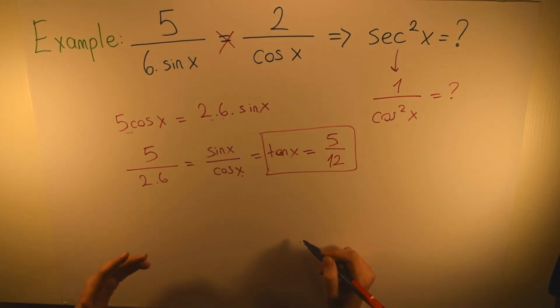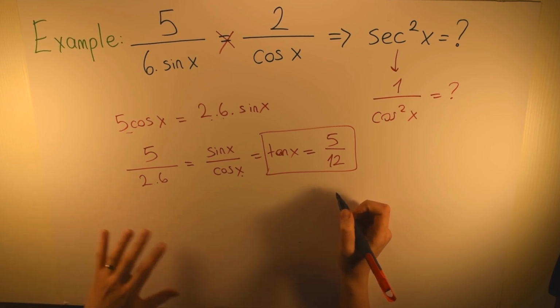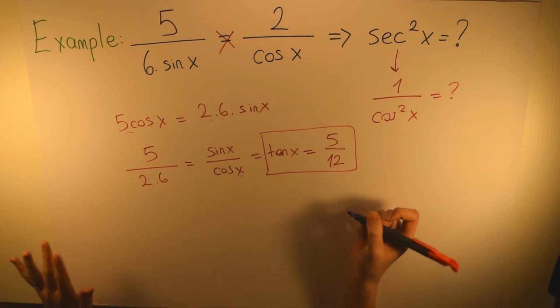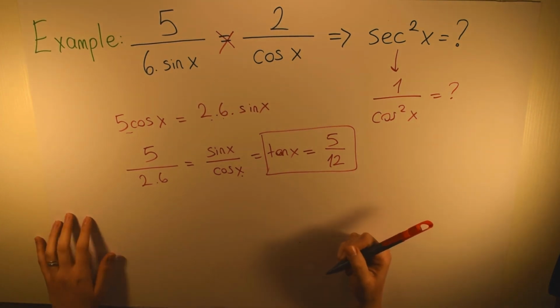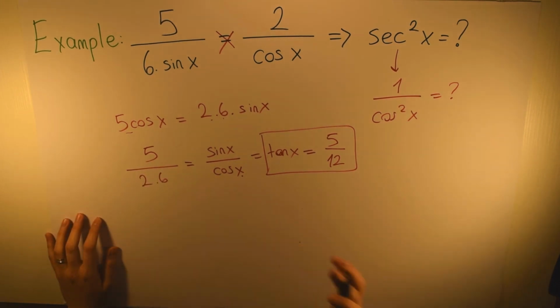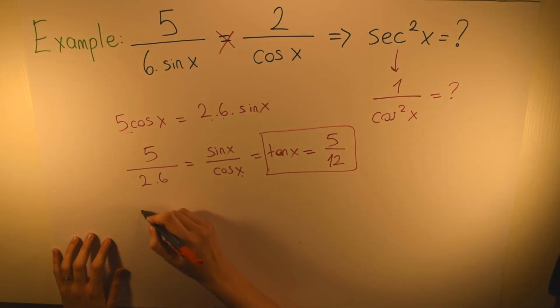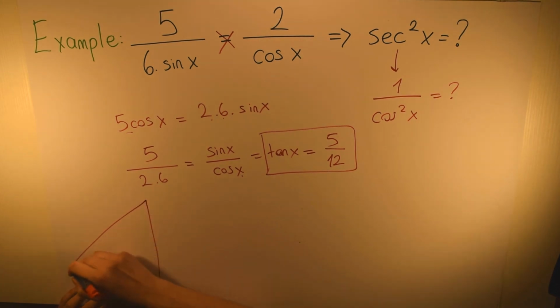So what we do when we have values like this is immediately draw our right triangle, to find the other side, and it will be easier for us to find the value of sine, cosine, cotangent, whatever you want. So let's draw our right triangle here.